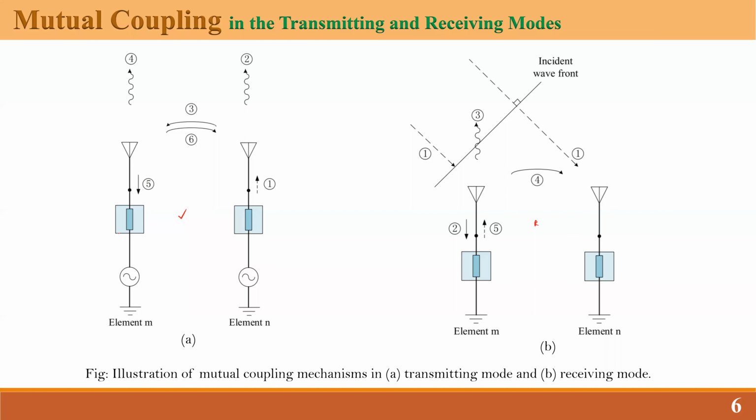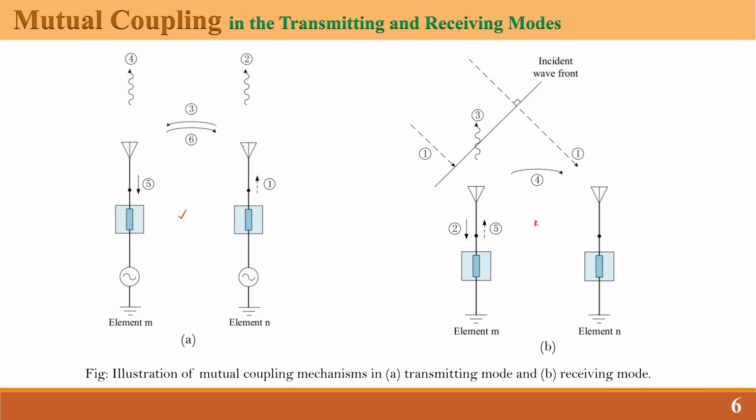In the transmitting mode, the mutual coupling goes something like this. This is the source. This is one antenna, this is the other antenna, and they have some separation. Consider the separation is X between these two. The nth element antenna, which is the source, generates some current.